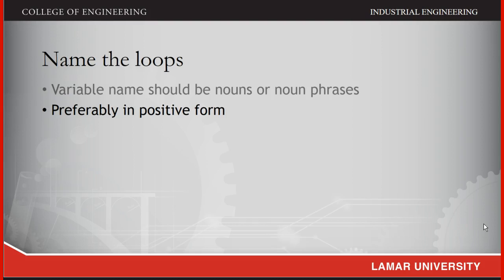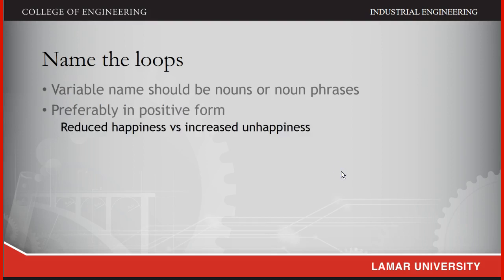So, for instance, if we have happiness, we could easily depict that something is reducing the level of happiness. Not so easy it is to understand, or so intuitive, to say it is increasing the unhappiness.